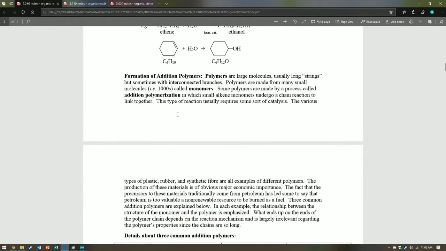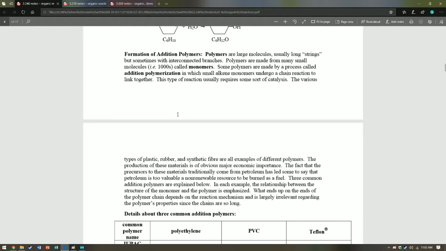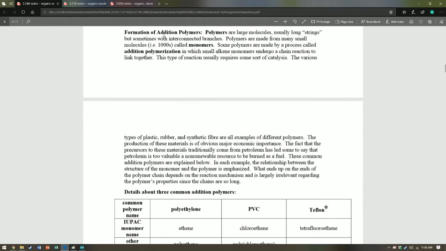To culminate this addition reaction, let me try to find a way to introduce this. We've seen it for one molecule. What if we wanted to repeat this addition process over and over again? That's where we get the idea of the formation of addition polymers.